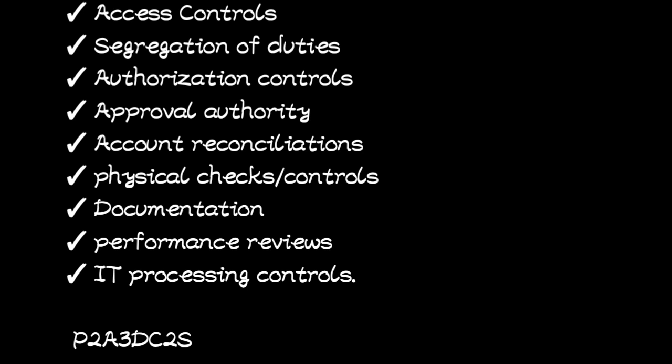Another A is for authorization, another one is for approval, then D is for documentation, then C is for IT processing controls, then S is for segregation. So you can use that formula to easily remember those control activities because they're examinable.